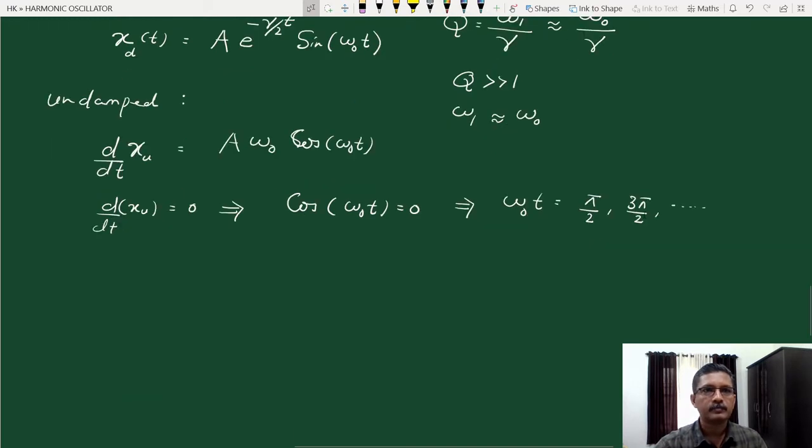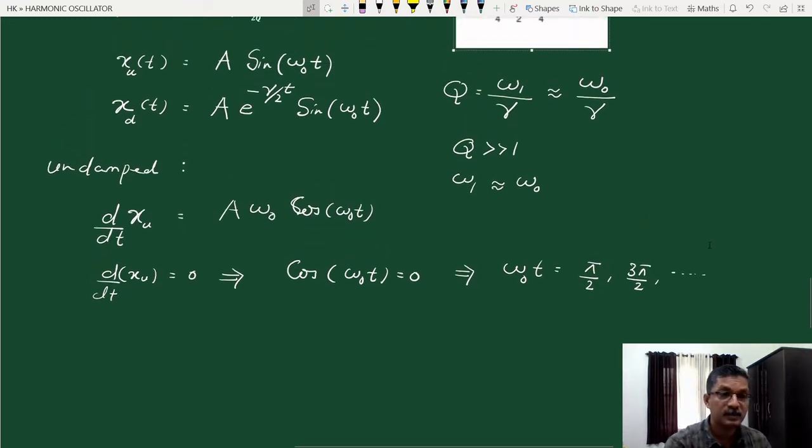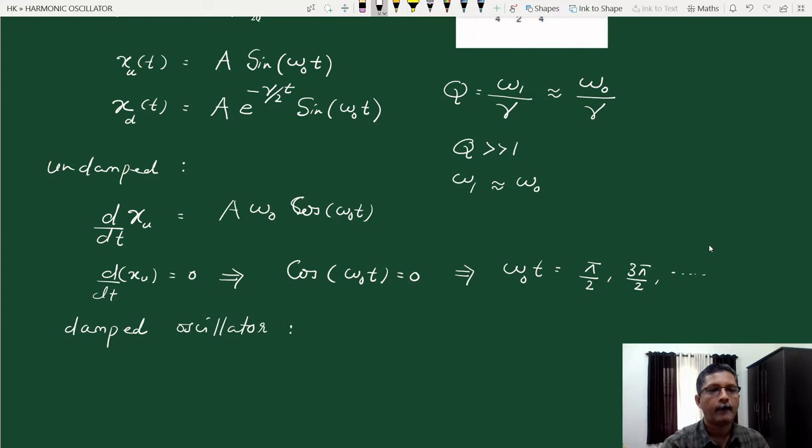So let us repeat this calculation for the damped oscillator. Okay, damped oscillator, we know the displacement. So let us see at what point the displacement becomes maximum. So let us find again the derivative of the displacement, d by dt for the damped oscillator. There are two time dependent terms here. The displacement is A e raised to minus gamma by 2 t sine omega 0 t. So we have to take the derivative of the two terms.